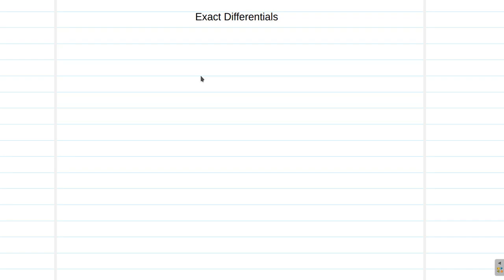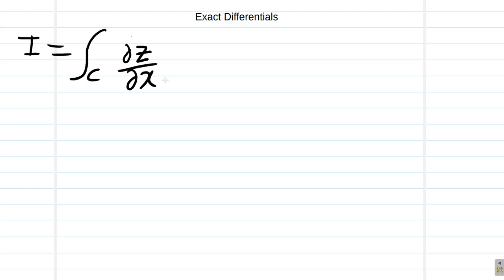Let us look at the exact differential. Now, here, if you designate the integral as I, and you're integrating along a curve, the exact differential is the partial derivative of z with respect to x.